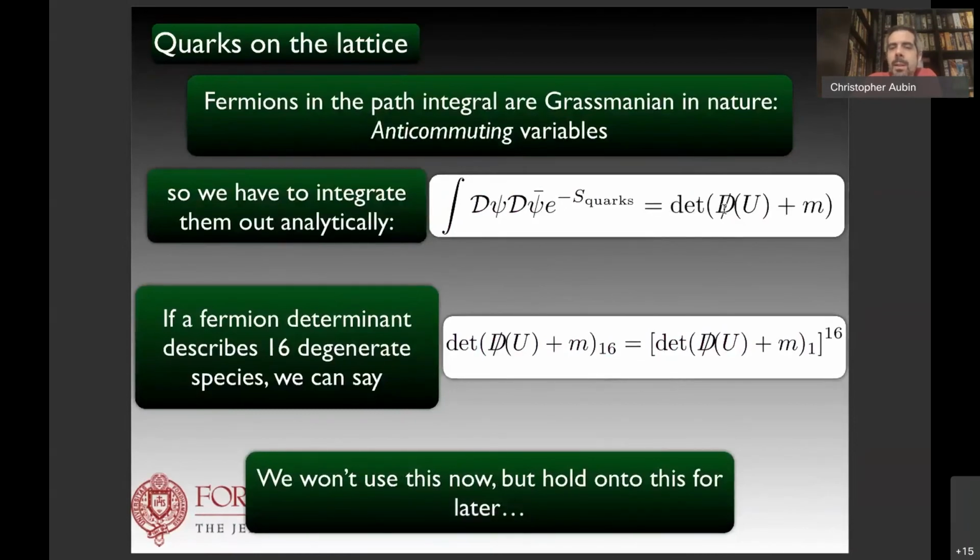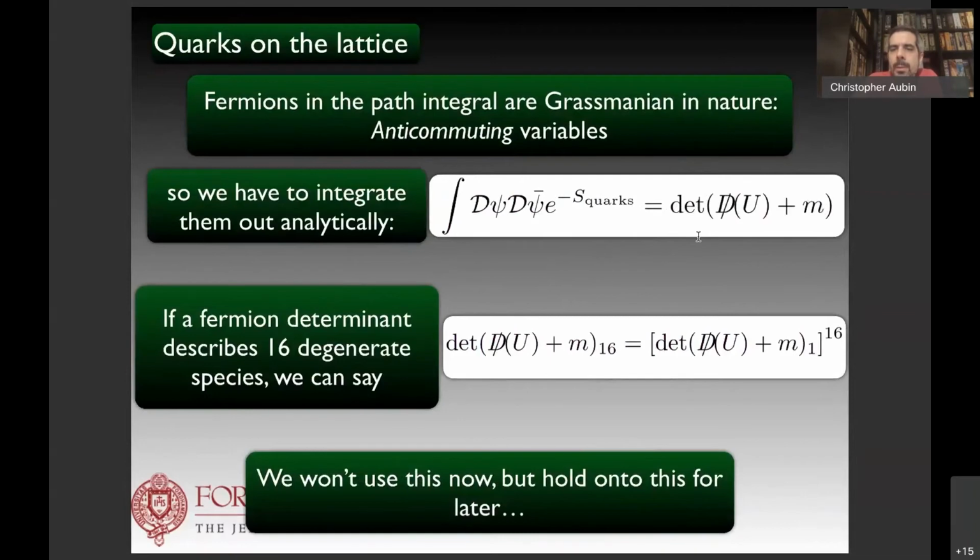This is our quark determinant for our theory, and it describes the quarks floating around. I'll go ahead and state this. Suppose this were a theory with 16 degenerate quarks, so 16 quarks that were all the same mass.